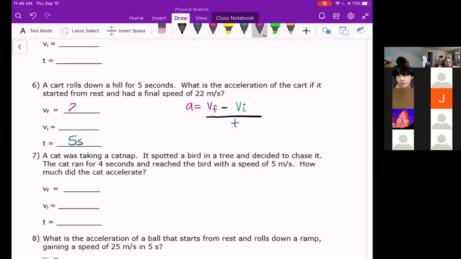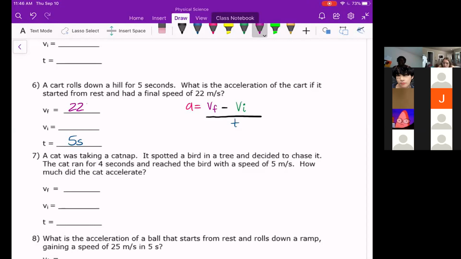Okay, Faith, what you got? Faith, are you there? Yeah, I'm here. I was kind of confused about how to really do this whole thing. Okay. You're supposed to be giving me a number, and the only one left is VI.